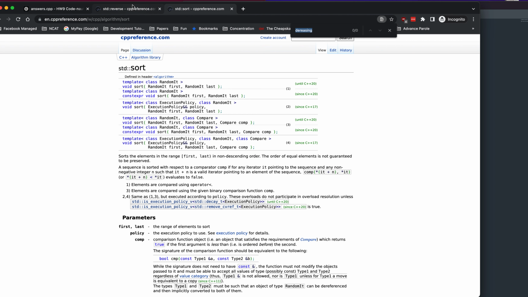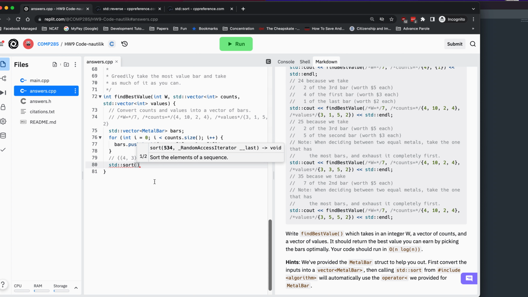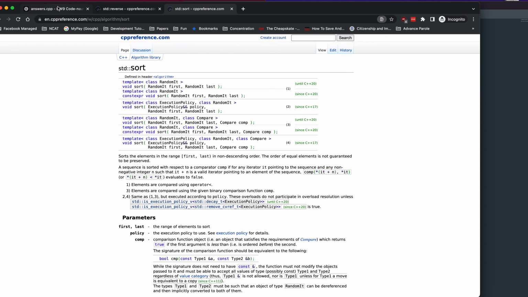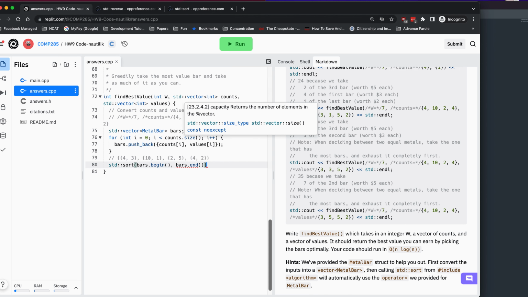I'm not sure, but you can always reverse after you sort. So we would first sort, bars dot begin, bars dot end, so that sorts our values, and then we can reverse them.